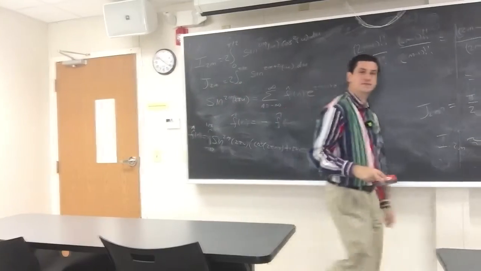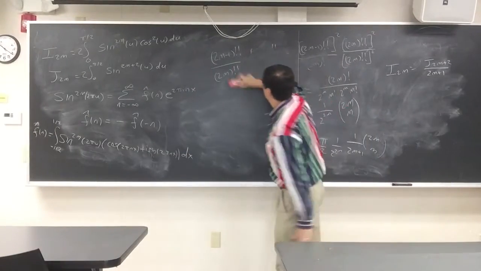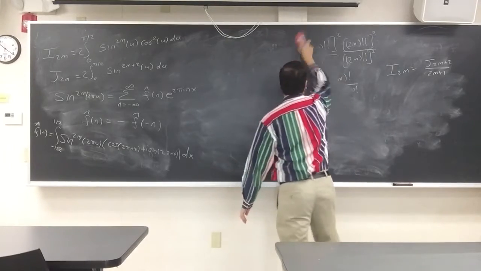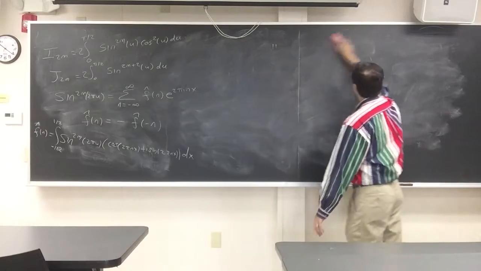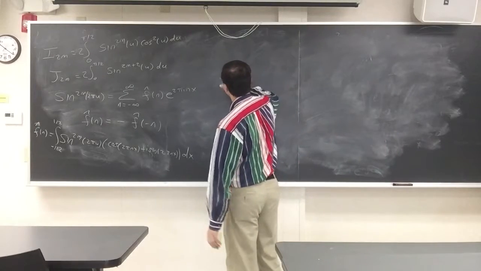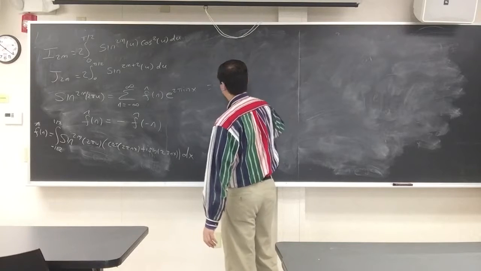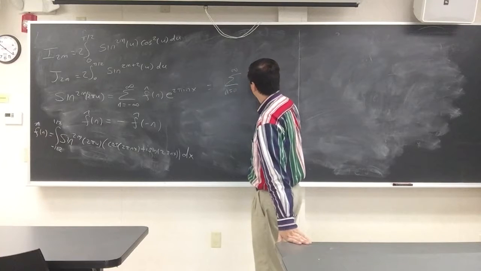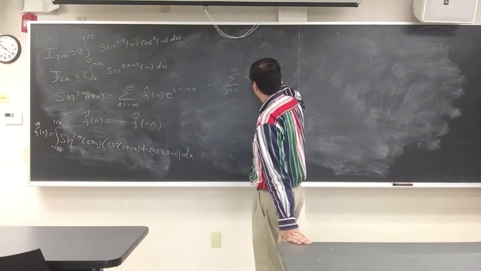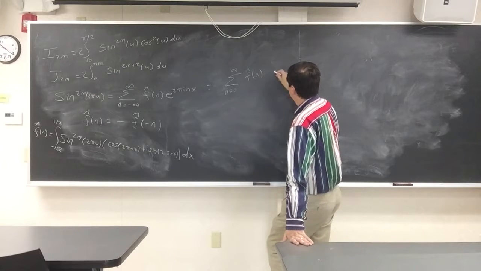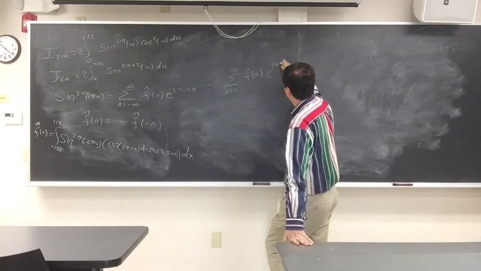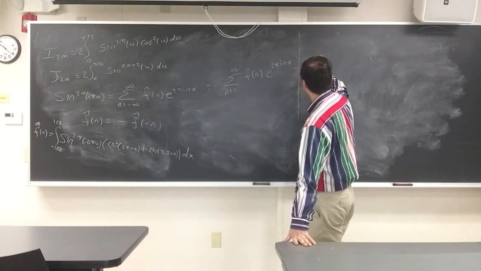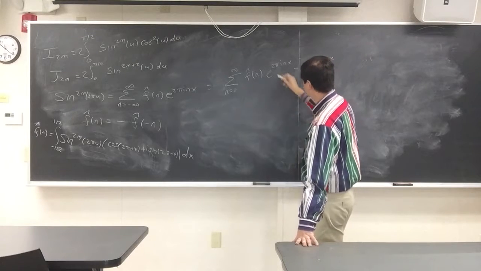So this is actually going to give us some information about the Fourier coefficients. So this will be the same as the sum n goes from 0 to infinity f hat of n, and now we'll have e to the 2 pi i n x minus e to the negative 2 pi i n x.